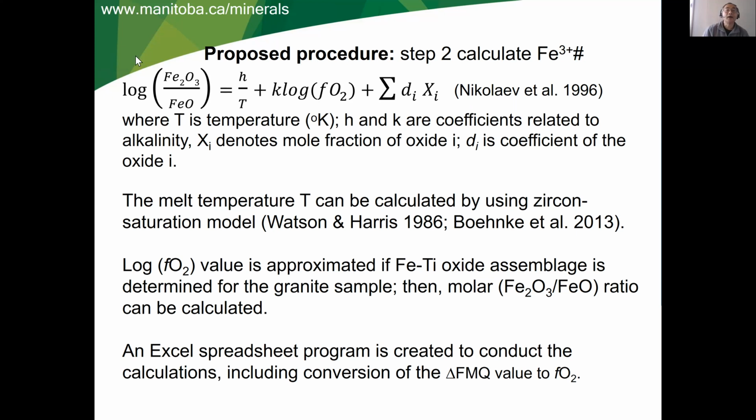Here the log is of a mole ratio, T is in Kelvin, and H and K are coefficients that are related to the alkalinity of the melt. X denotes the mole fraction of oxide i, like silica or potassium, etc., and D is the coefficient of oxide i.